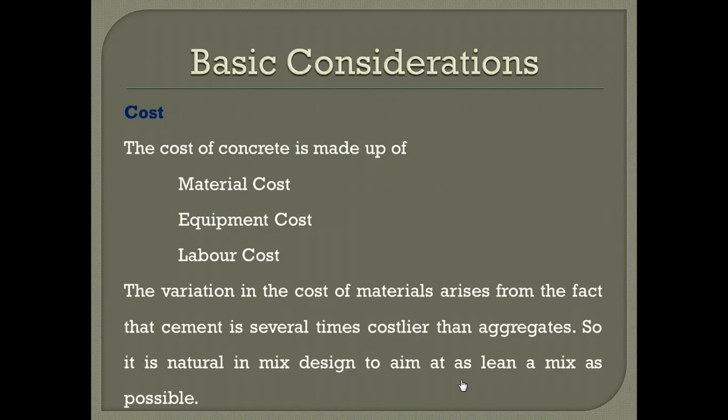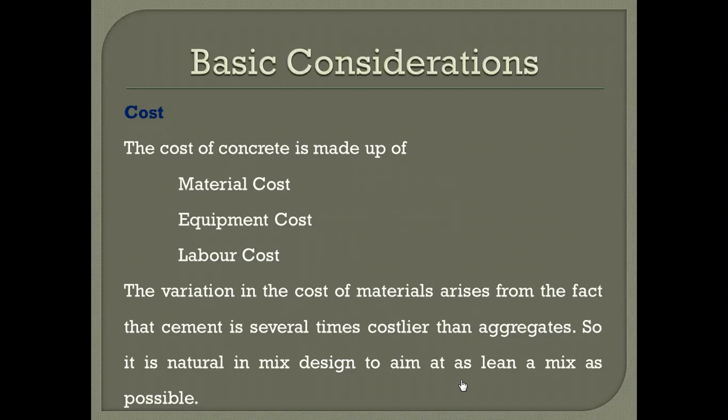Because the cost of the cement bag is more compared to that of the aggregates, because one bag of cement costs around 400 to 500 rupees. So cement is several times costlier than the aggregates. And also, if we use any admixtures, because in most of the works they use admixtures also, that leads to more cost compared to that of the aggregates.